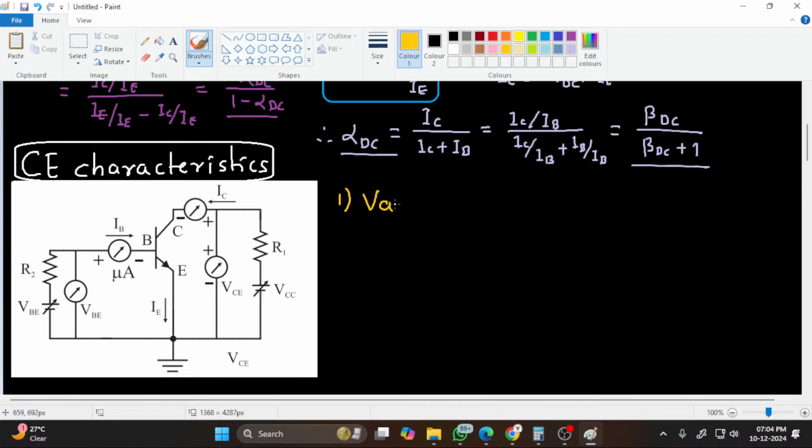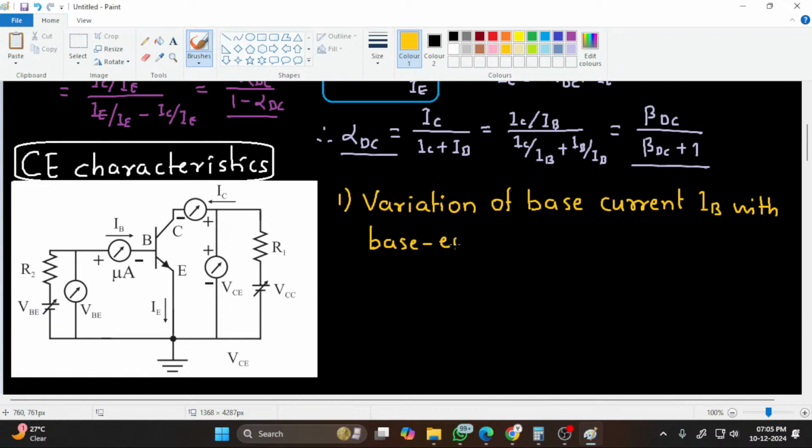Variation of base current IB with base emitter voltage VBE is called the input characteristics of common emitter configuration.